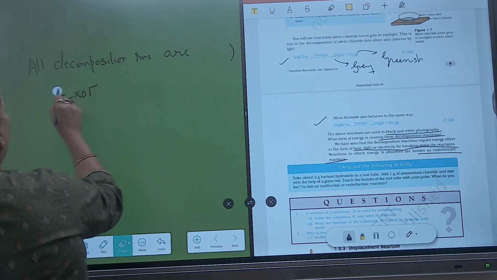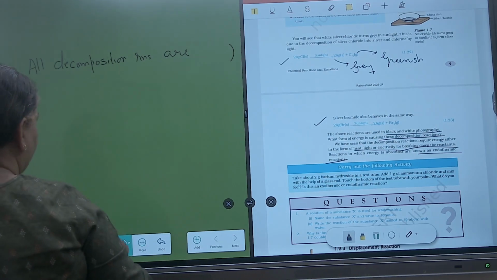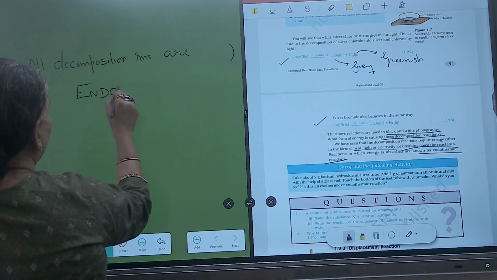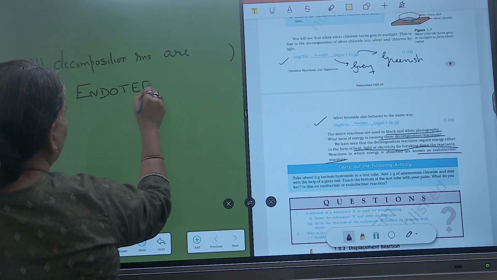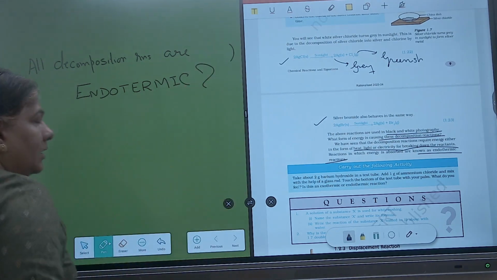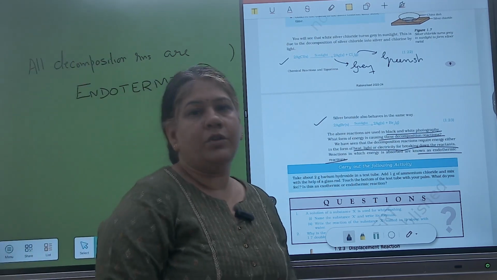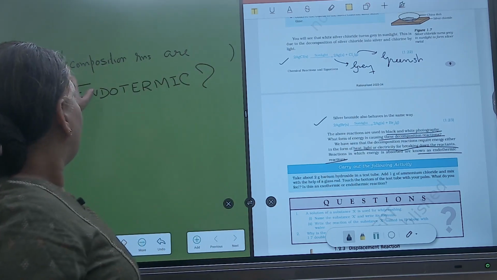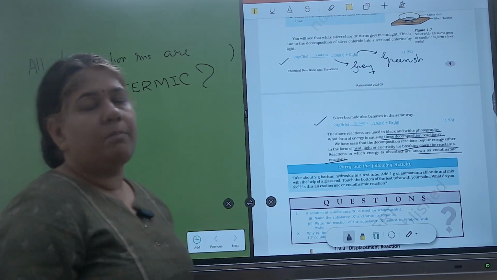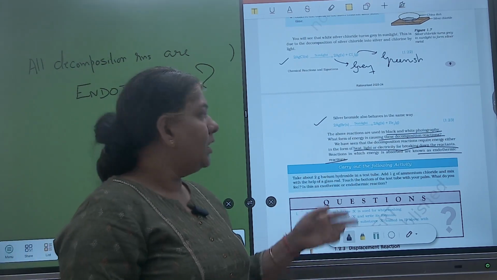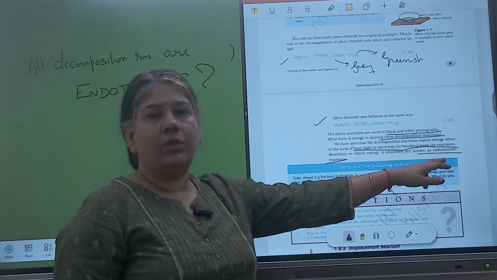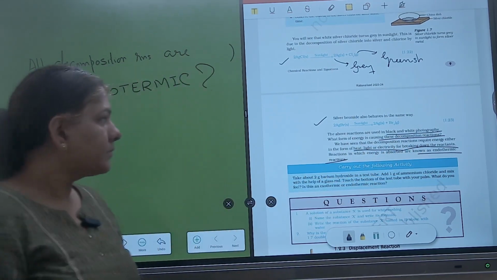Sorry, they are endothermic. If a reason is asked, especially in an assertion-reason type question, so if this is the assertion, the reason will be because we are supplying energy either in the form of heat, light or electricity to break down the reactant.